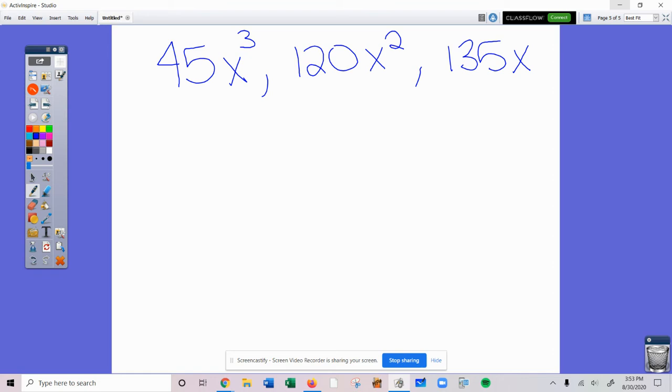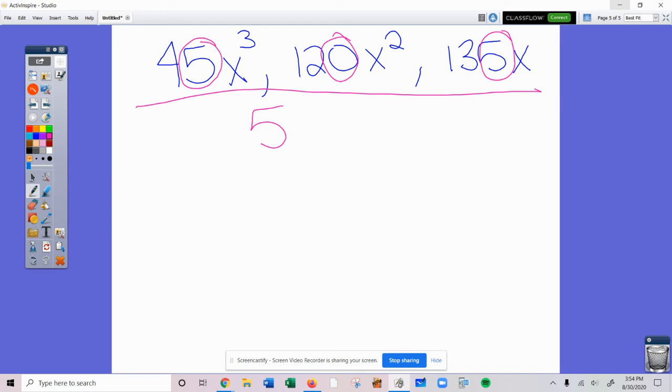Now, for most of us, we're not just going to look at these problems and say, oh, a GCF automatically jumps out at us. But what we might notice is that they all end in a 5 or a 0, which means that they all have a factor of 5 within it.